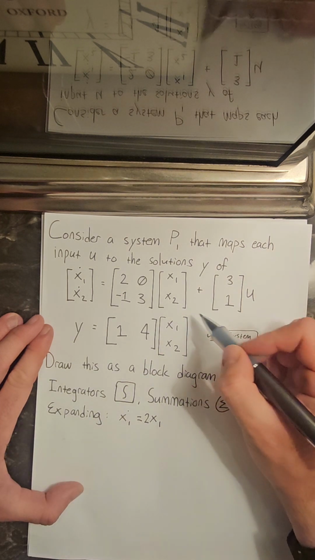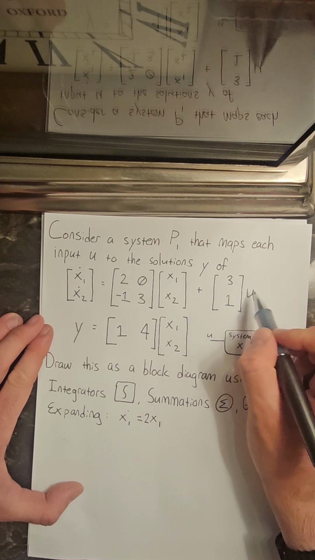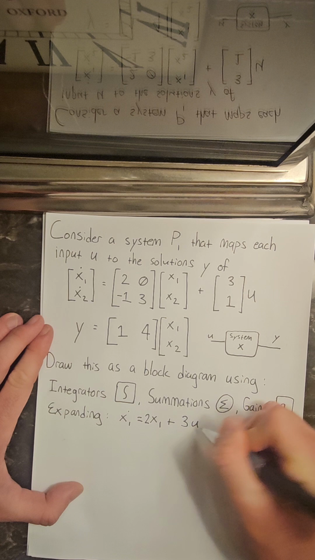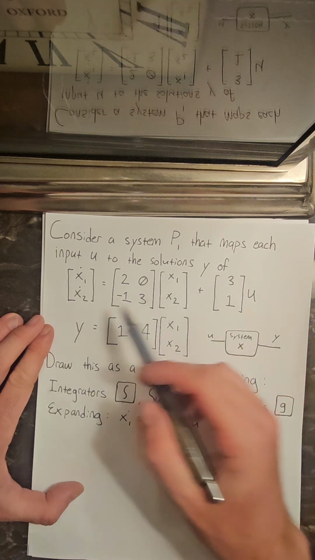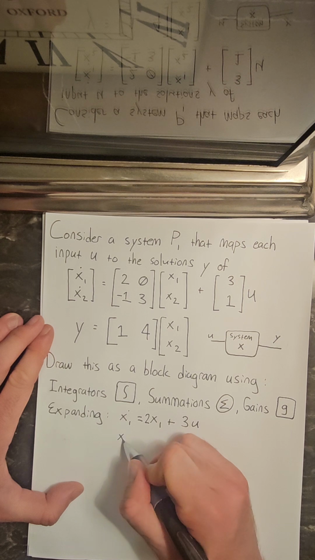And then we also have to take care of this over here, so plus 3 times u. Let's take care of our second equation, which is x2 dot. So what does this come out to?